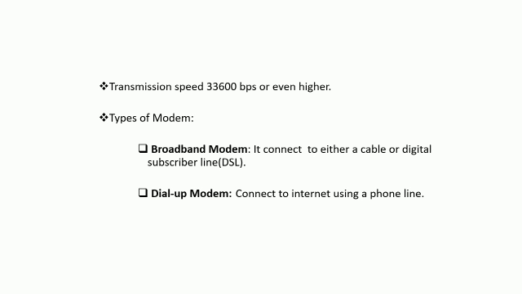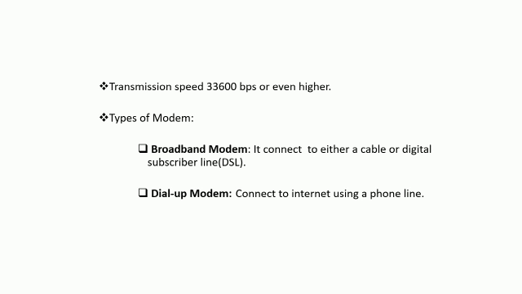Broadband modem connects to DSL, that is digital subscriber line, or a cable, and provides high-speed internet access. The modem is usually connected to a cable and then connected to computer through Ethernet cable and network adapter.